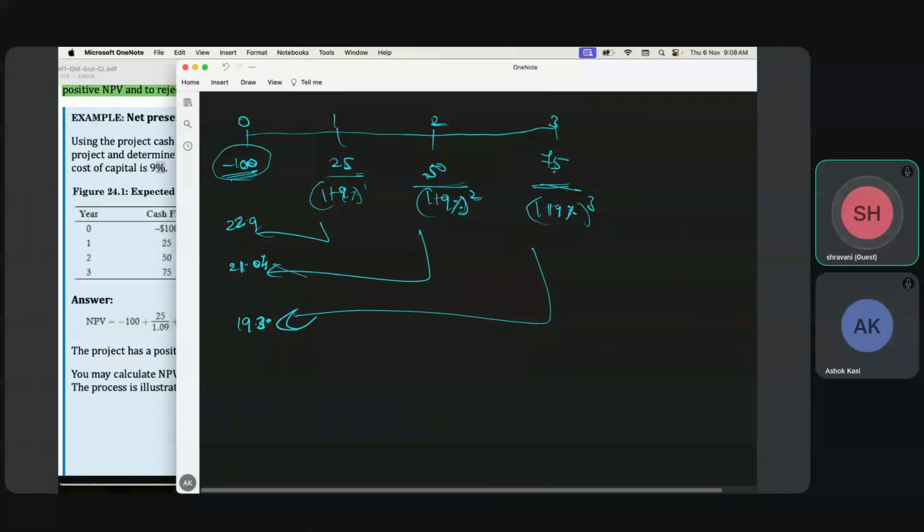How 19 only? This is 75, na? Even this is 50. It is coming to 21 only, I doubt. Third one is 57.91. Second one, check again. Yeah, this is 42.0.